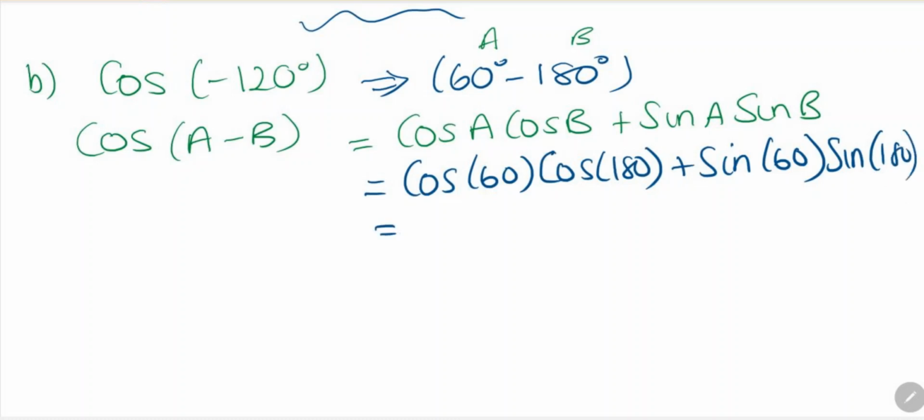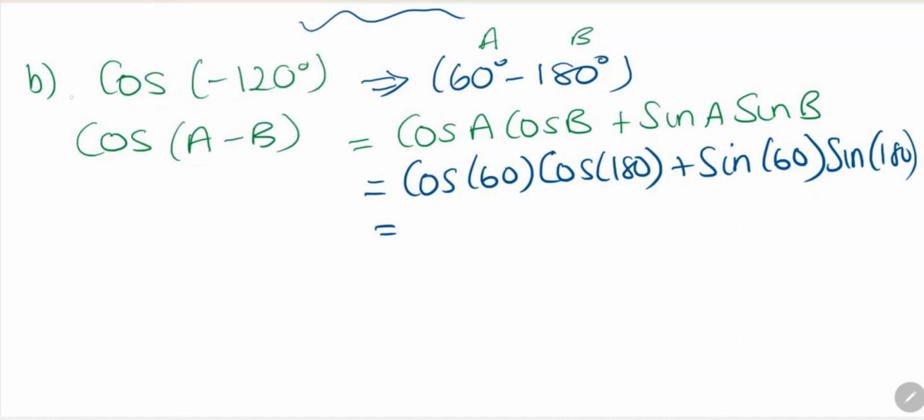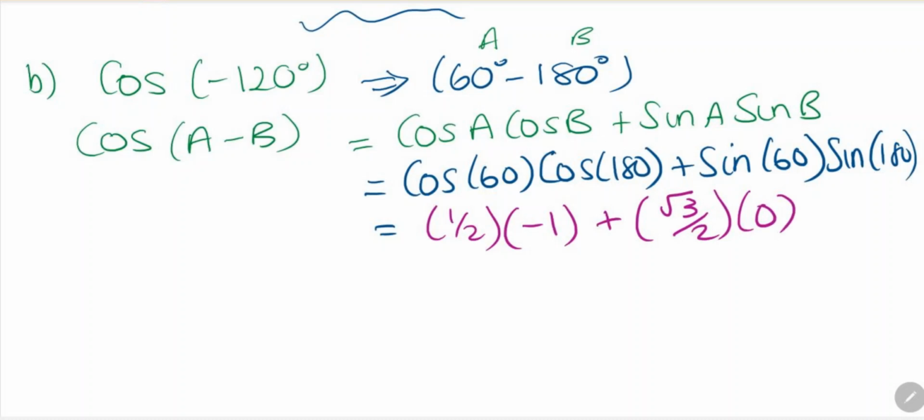If I work these out, cos of 60 is a half, cos of 180 is minus 1, sine of 60 is root 3 over 2, and sine of 180 is 0. So I just have minus 1 times a half, so the answer is minus a half.